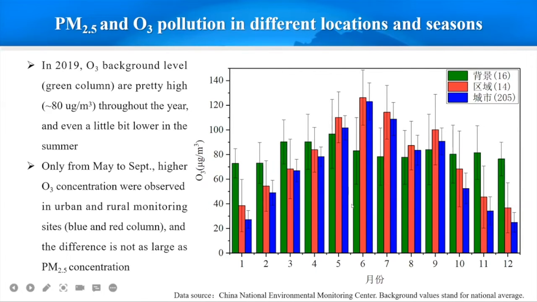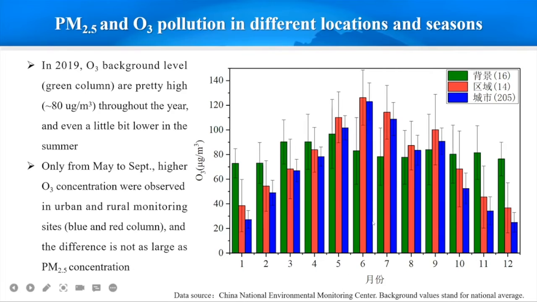Even in the summertime, for example from June to August, the background ozone concentrations are a little bit lower than in the winter time, which is different from the urban observation.